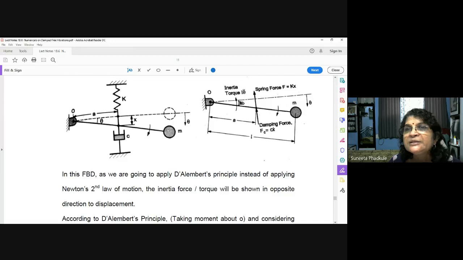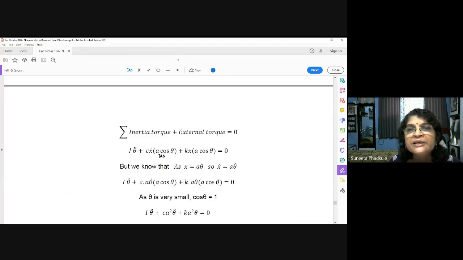What is this? This is A, so this horizontal distance is A cos theta. Understood? Simple trigonometry. So the moment by the damping force about this O is C x dot into A cos theta. I have written it here.